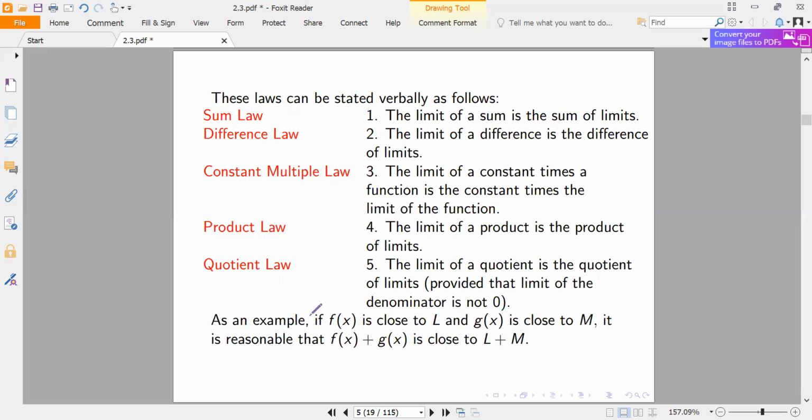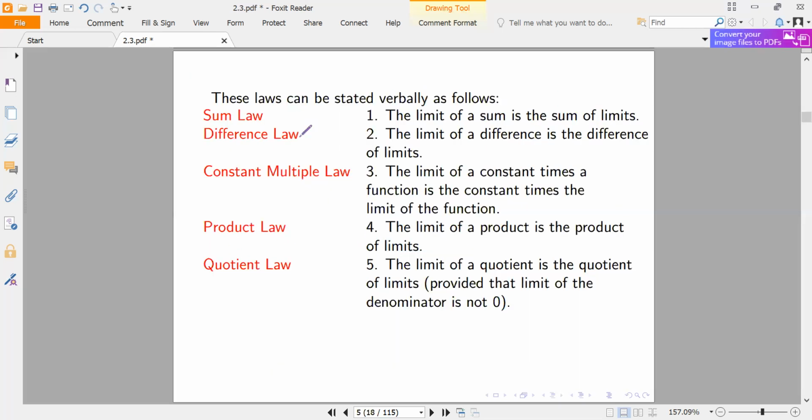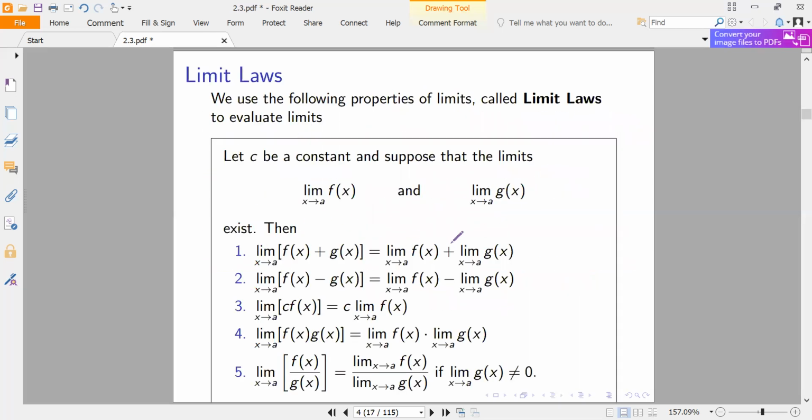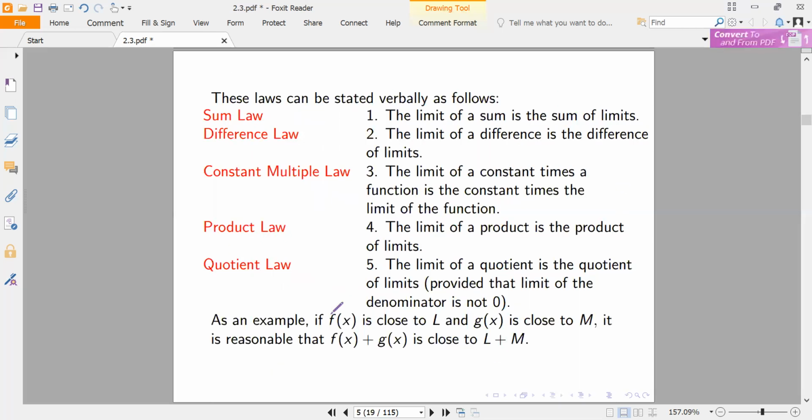But otherwise, if you look at the sum law, meaning the first one, f of x was approaching, we said it exists.